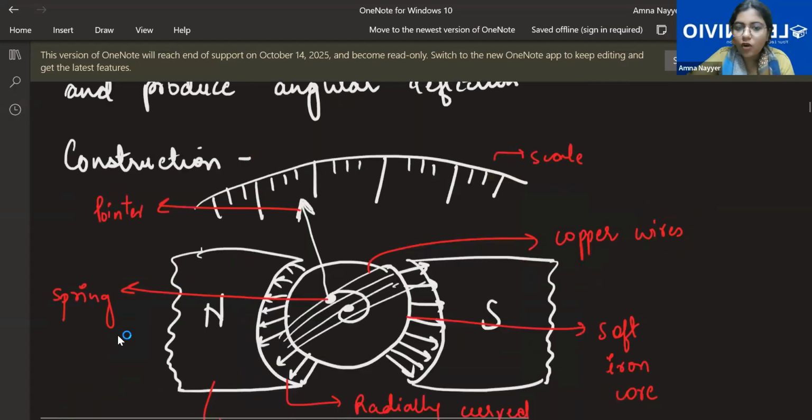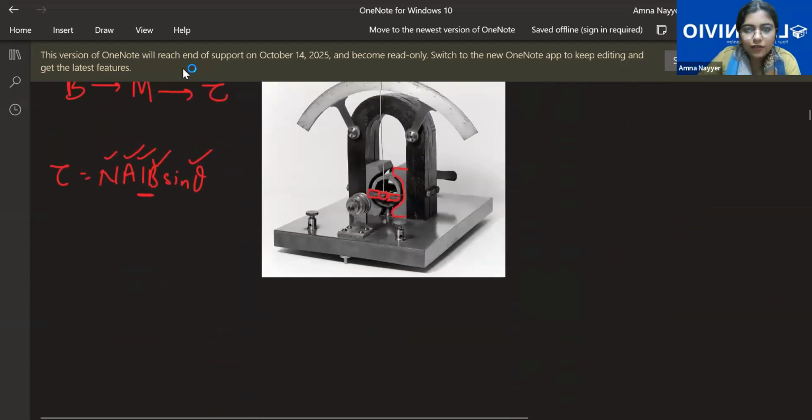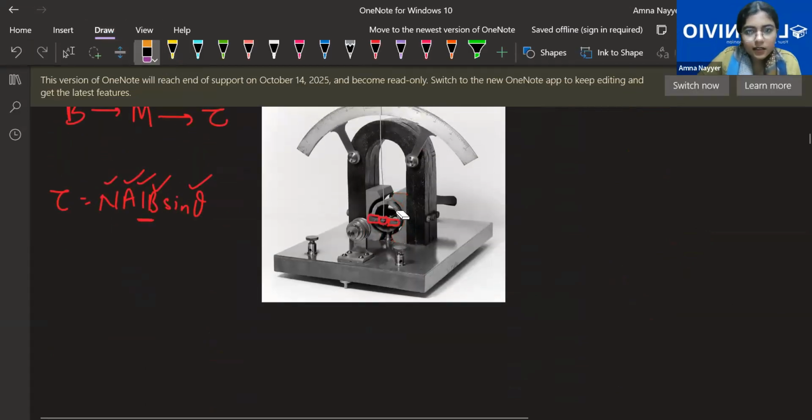So if current is not there, then the pointer will not move. So we'll get to know there is no current in our circuit. Current carrying coil means current is there in this. All these are turnings, no? Copper turnings are there. So n number of turns that we say, this is how we get 2 turns, 3 turns, 4 turns. In this figure, if you look properly, you will see lots of turns are there.